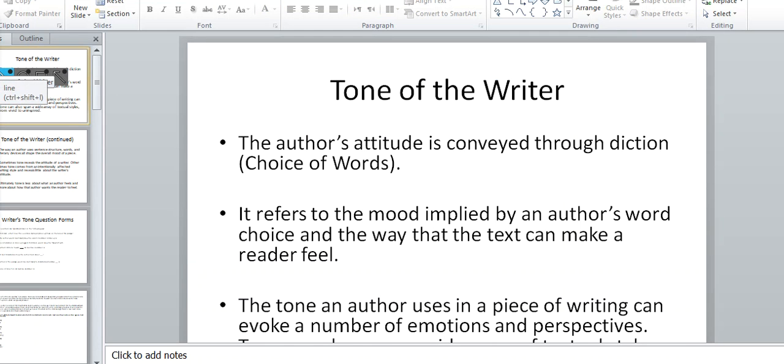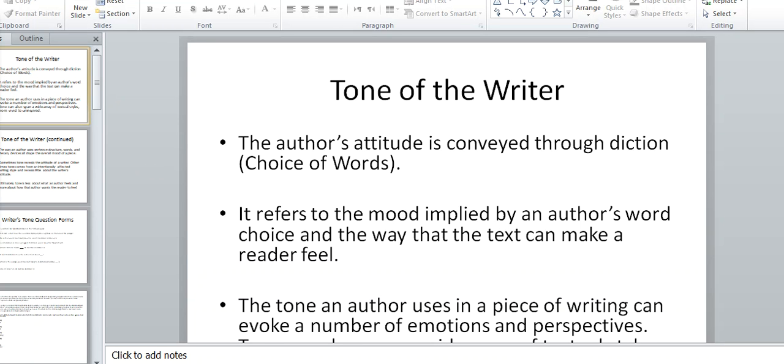It refers to the mood implied by an author's word choice and the way that the text can make a reader feel. Now, the choice of the words, we call it tone, and how the reader feels, we call it the attitude, or the impact of the author's attitude on the reader.